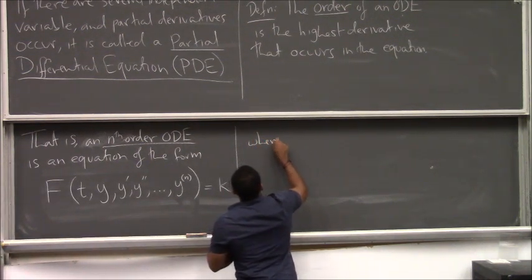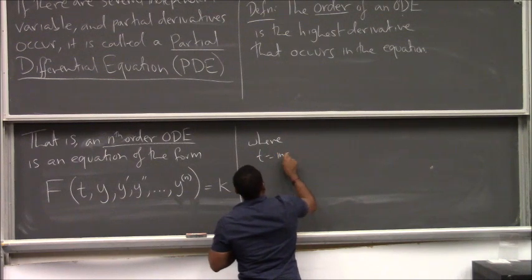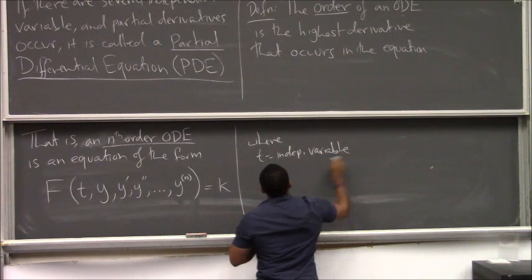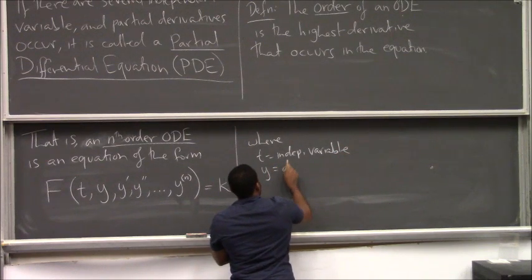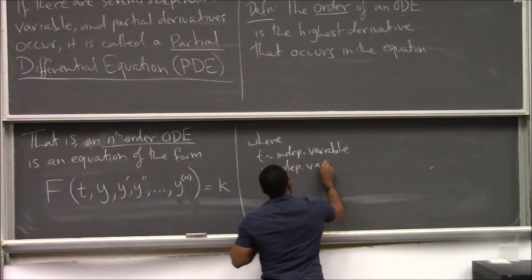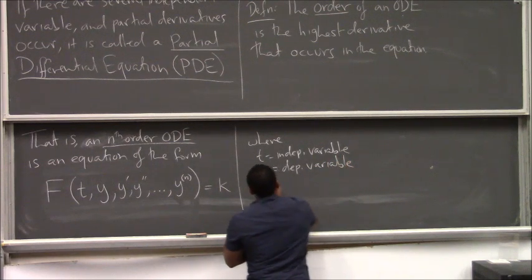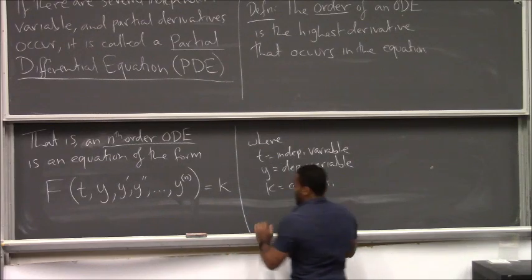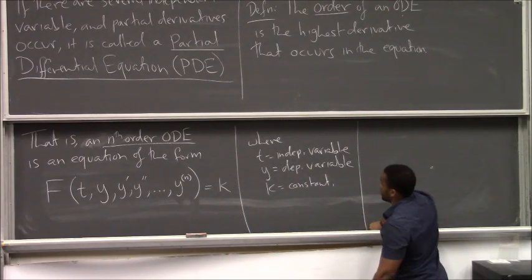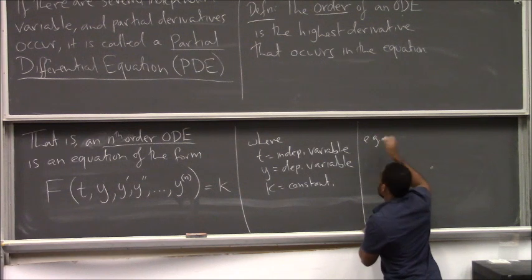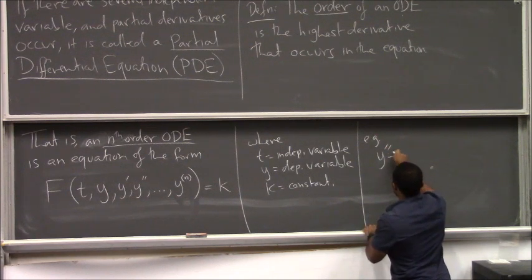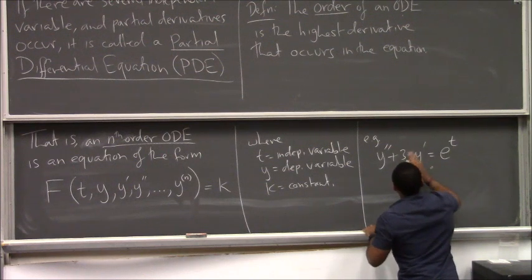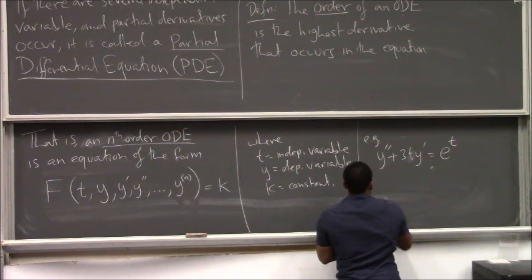Okay, so t is your independent variable, y is your dependent variable, k is a constant. So examples, I wrote some down last time. That is a differential equation.